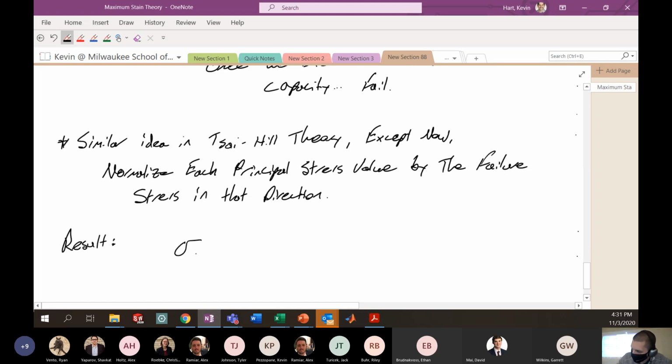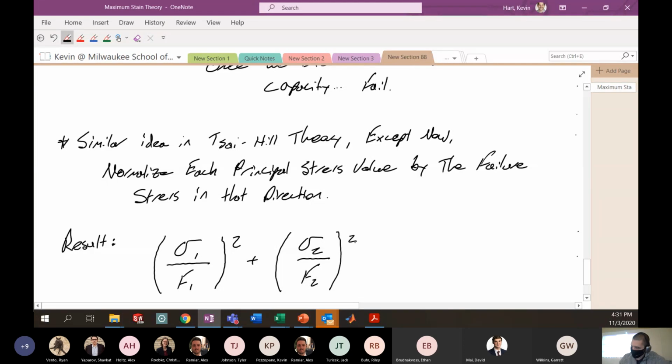It says that sigma 1 divided by F1, squared, plus sigma 2 divided by F2, squared, plus sigma 6 divided by F6, squared.